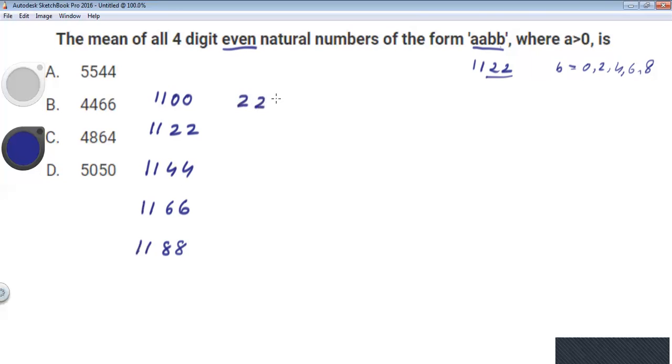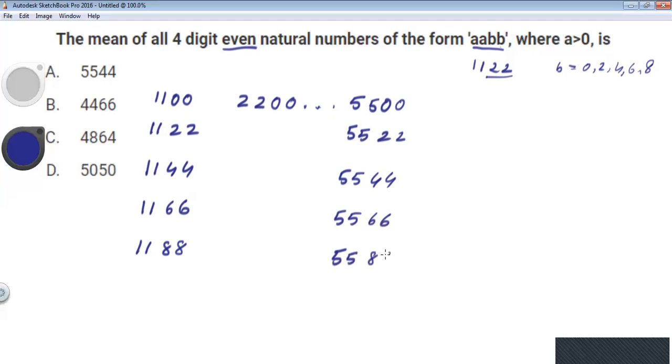2200 it has to be, then 33, like that. Dot dot dot. In the middle will come 5500, then 5522, 5544, 5566, and 5588.